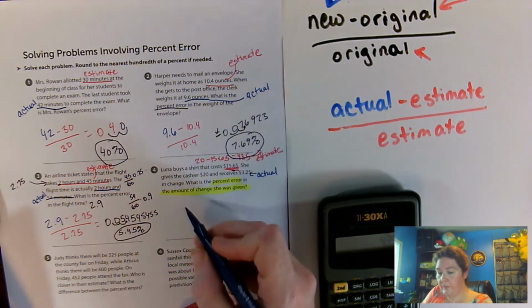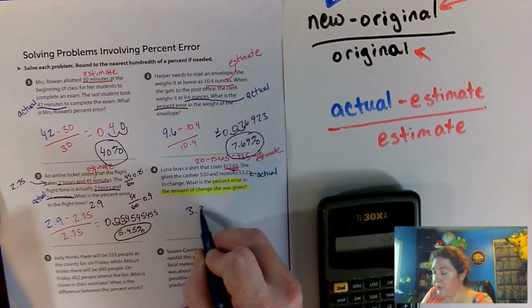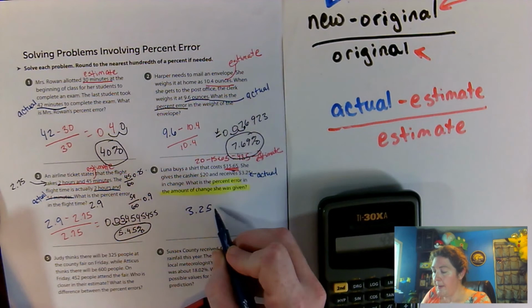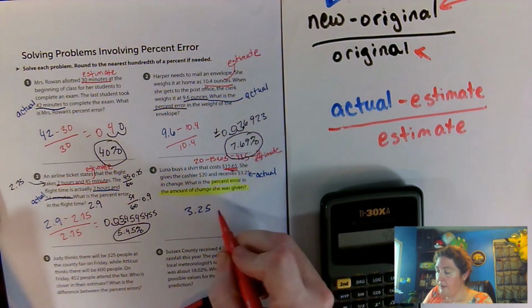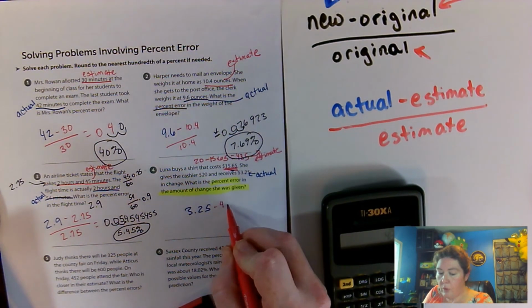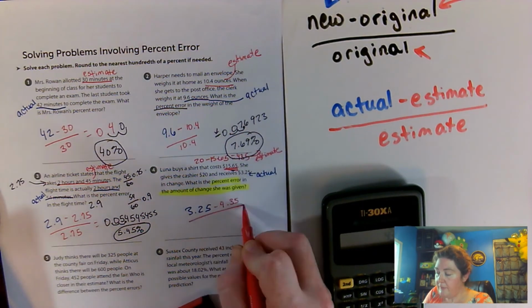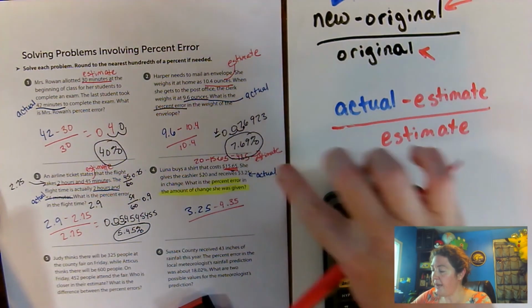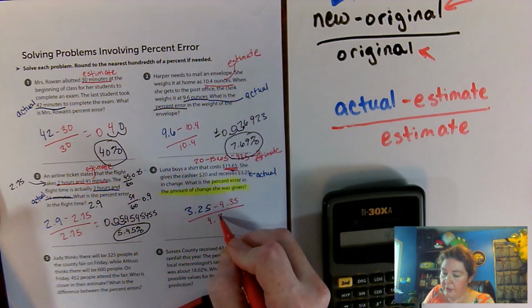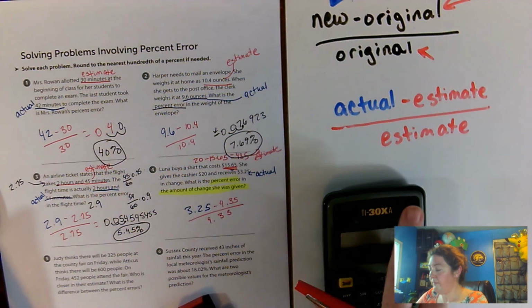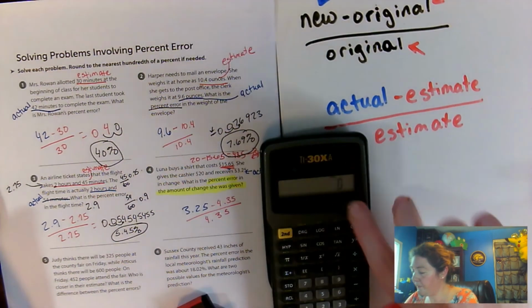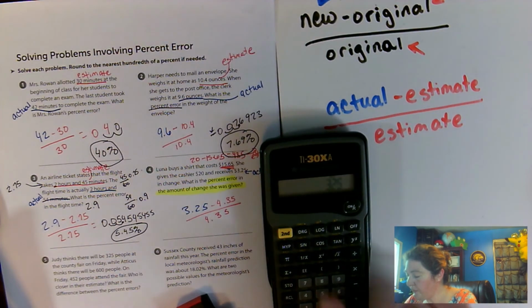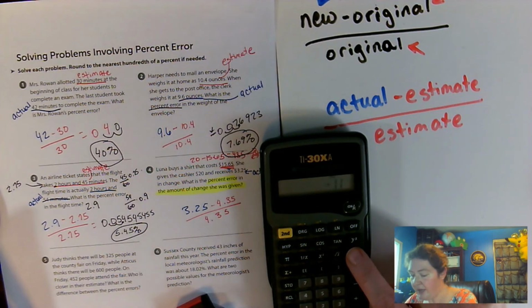Actual, 3.25, minus my estimate of 4.35, divided by my estimate of 4.35. Alright, let's see what we get. 3.25 minus 4.35 divided by 4.35.